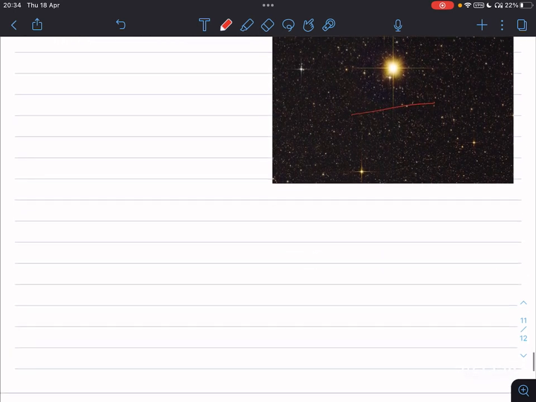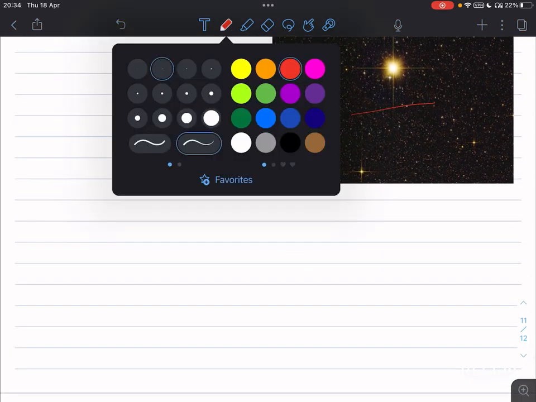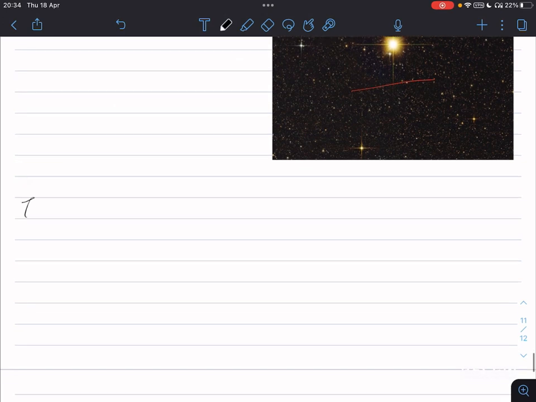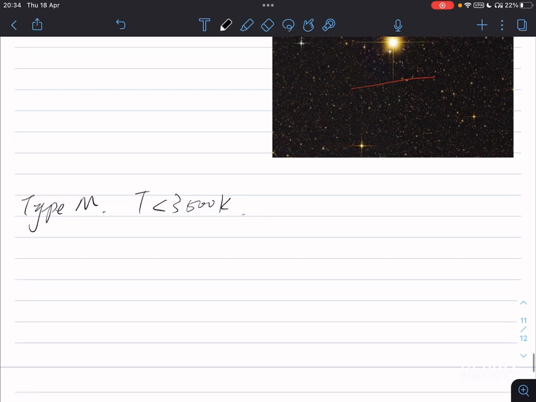And finally, type M, with a temperature lower than 3,500 Kelvin, with a red color.